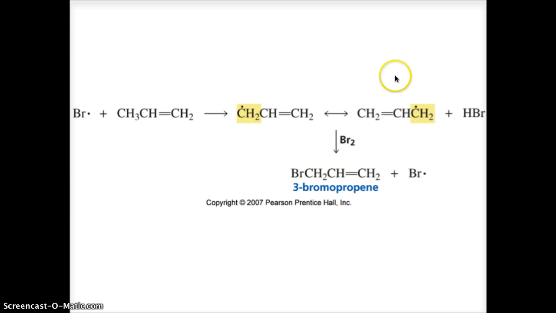In this reaction here, only one substitution product is formed because the groups attached to the sp2 carbons are the same in both resonance contributors. So as a result, when bromine comes in, we get the same product, 3-bromopropene. The source of this bromine right here could have come from the N-bromosuccinimide reacting with HBr as in the previous slide.